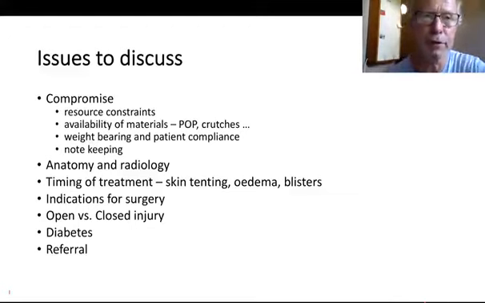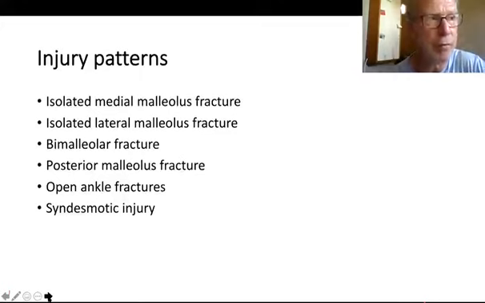Okay, so that's just the way it is, unfortunately. And if you want a reliably good result, then you need to operate on a lot of ankles. But we put a lot of ankles in plaster, which we generate problems from that. Okay, but that's just the way it is.